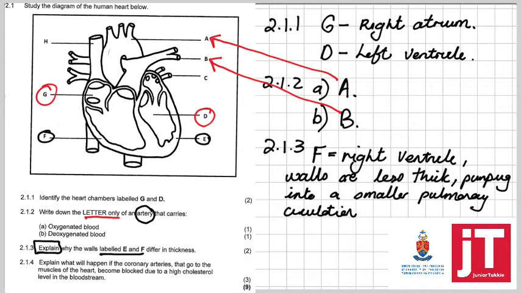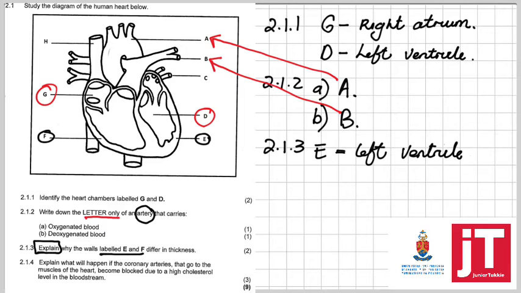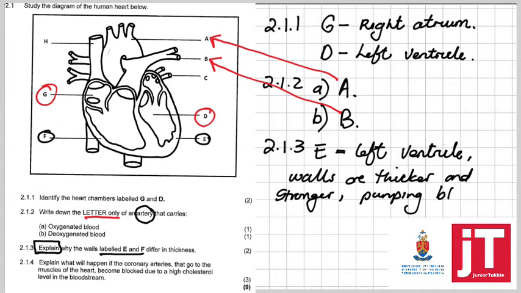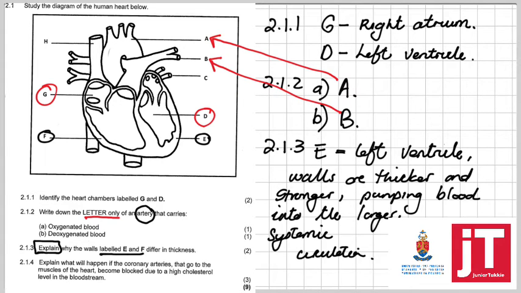They are less thick because they are pumping into a much smaller circulation. It's the pulmonary circulation. And if we look at E, it's the muscular walls of the left ventricle, and these walls are a lot thicker and stronger because they're pumping blood into the larger systemic circulation.